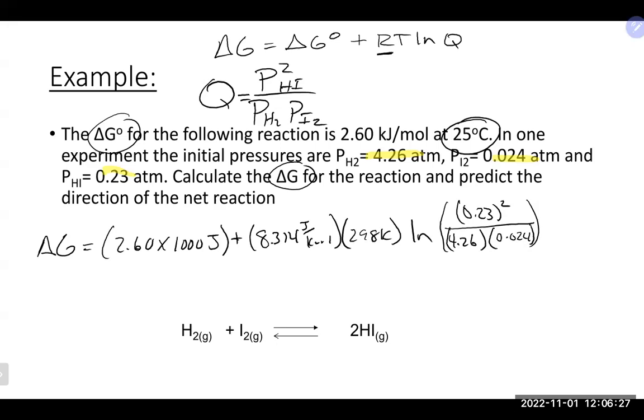All right, so cleaning up, we'll do everybody on the right-hand side of the plus. So we're going to do 0.23. We're going to square it. We're going to divide it by 4.26 divided by 0.024. Do a little natural log action on it.